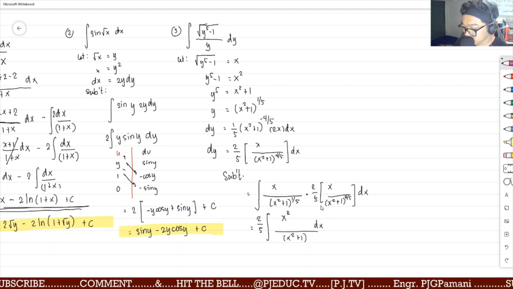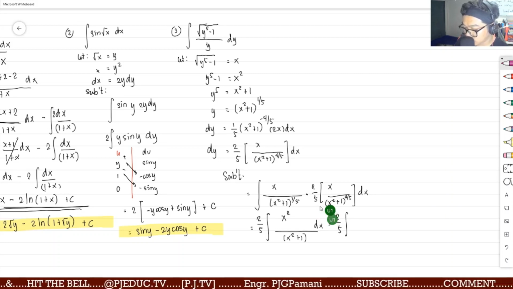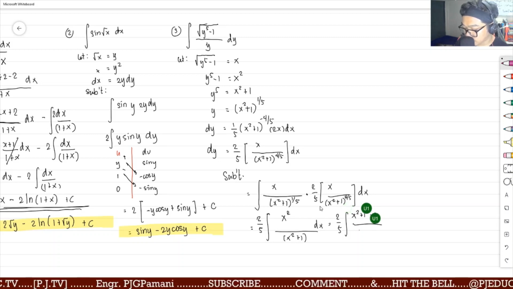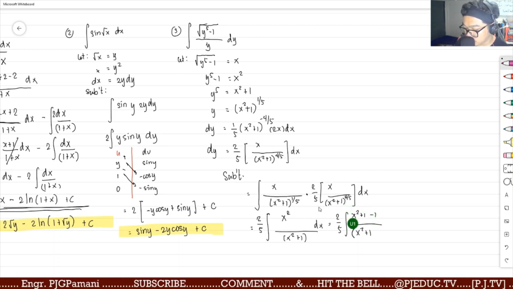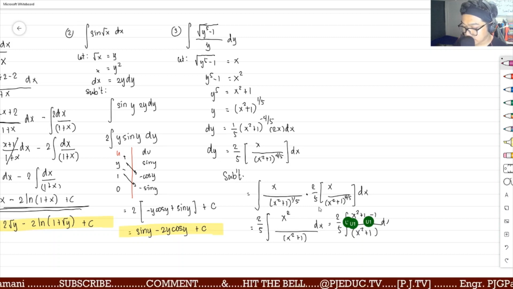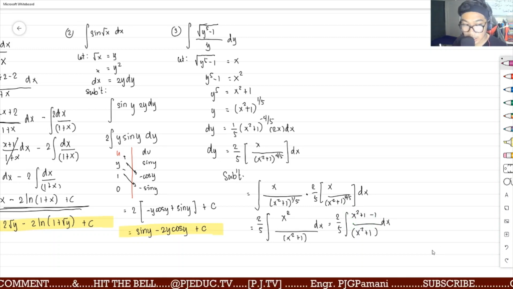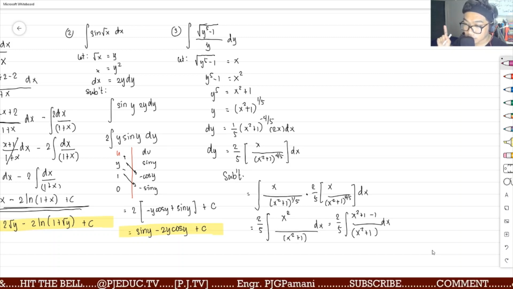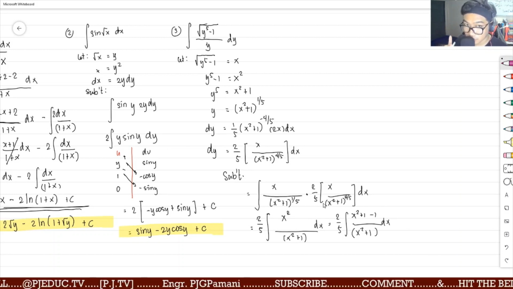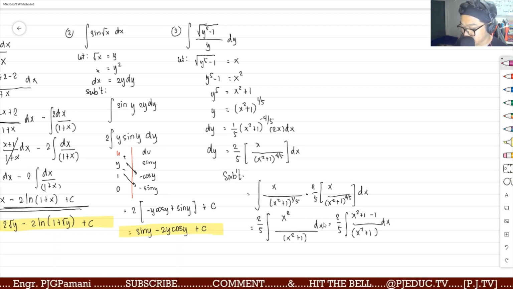But you can also simplify that as 2/5 integral of x squared plus 1 minus 1 over x squared plus 1 dx, right? Parehas lang naman. Note lang if you add something, you must always subtract something with integral or kahit sa anong algebraic problems.